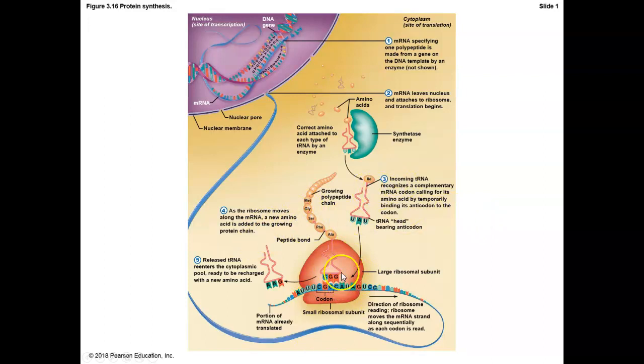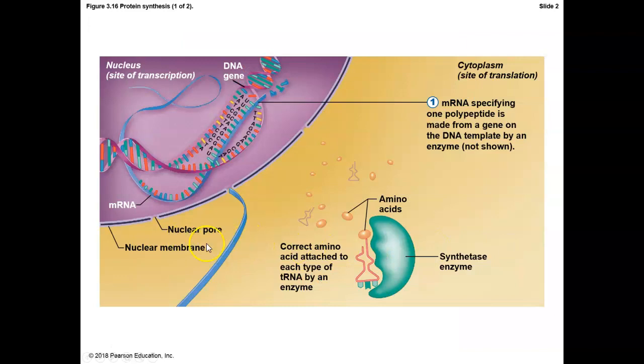Once the ribosome has attached, then transfer RNA comes in with a region called the anticodon that can bind to the messenger RNA, and it carries the amino acid coded for in the messenger RNA. And that's how we produce the polypeptide or the protein.